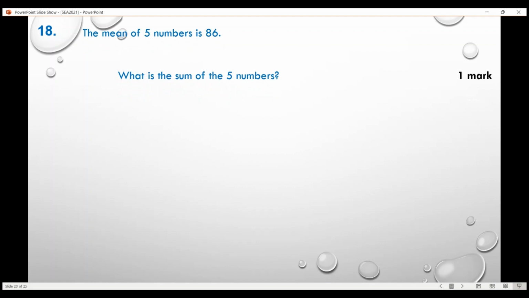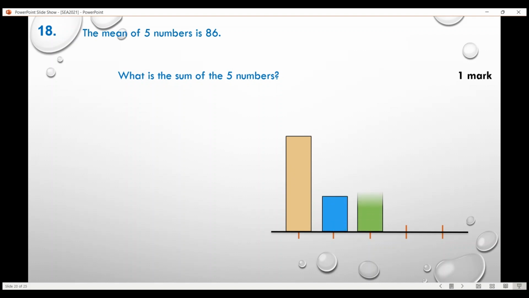So, because so many of your teachers teach it this way, using a picture to show you what it says, let's look at it like this, where we're saying that if we pick any 5 numbers, a very large number, a smaller number, a very big number, maybe an average number, and one a little more. And we're saying that when we have these 5 numbers, the mean or the average is 86. What does that mean?